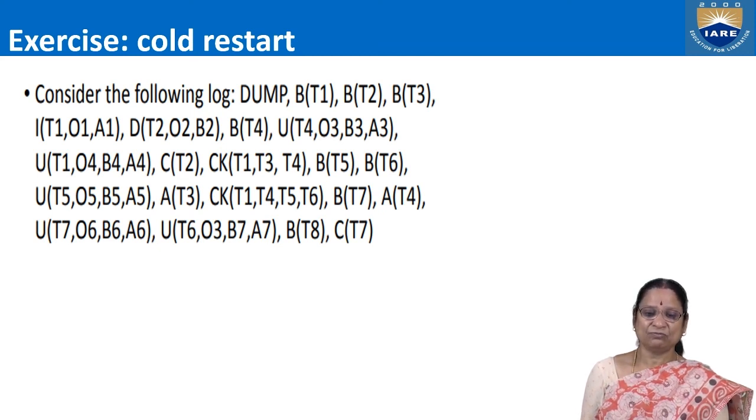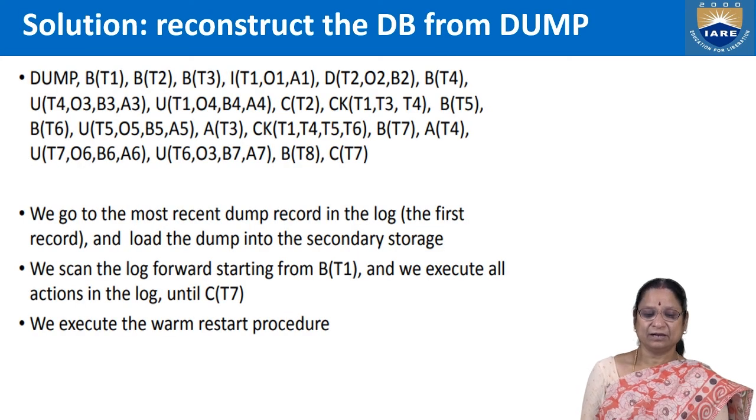We will execute this warm restart procedure on the dump so that the entire database is taken back, and from the log records the data is going to be executed. This is an example of log records, dump, begin, etc. This process is going to be redone based upon the dump data, and there is no need for any undo operations, because the same process is going to be completely re-executed again.